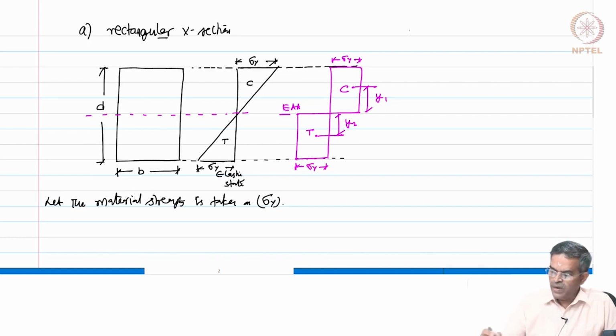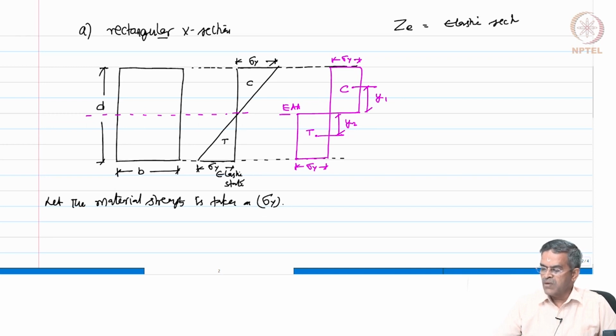So, we can quickly find ZE, which is the elastic section modulus, given by the moment of inertia about the z axis divided by the distance of the extreme fiber.